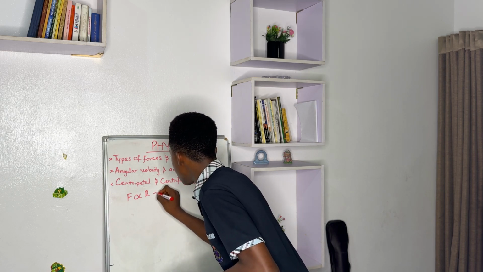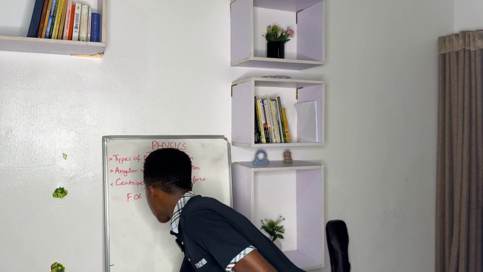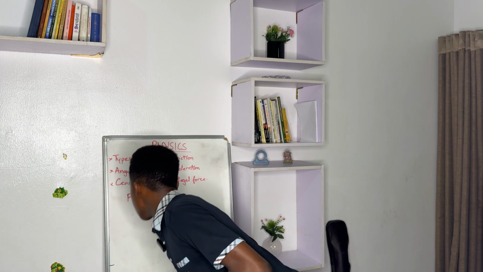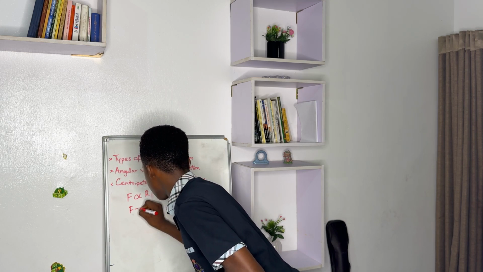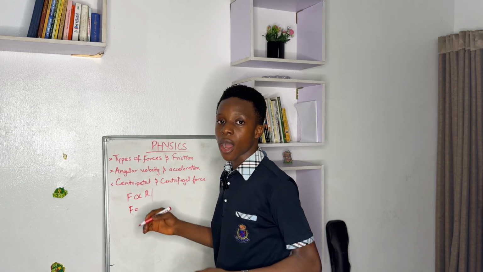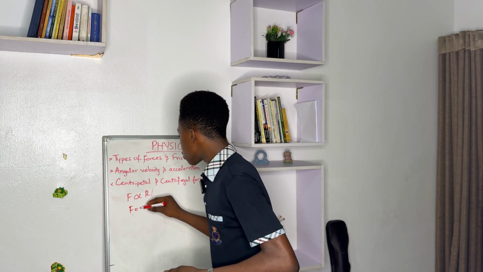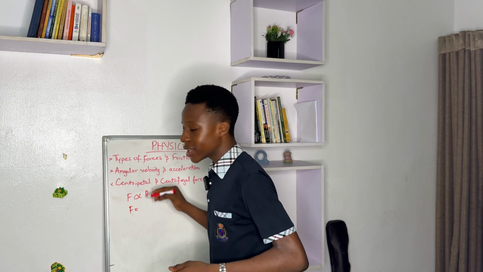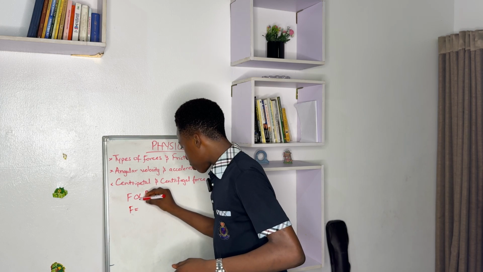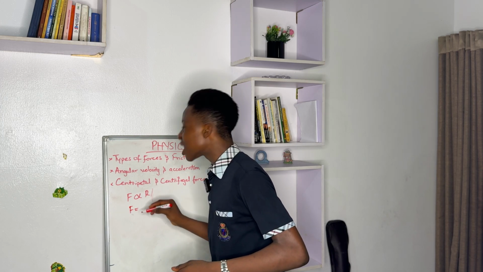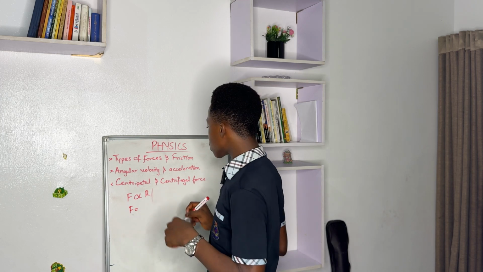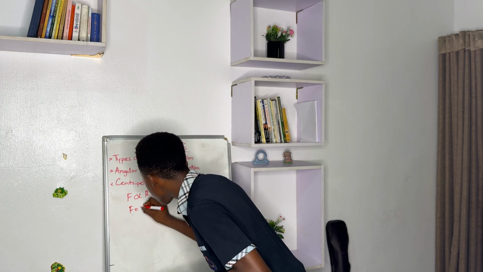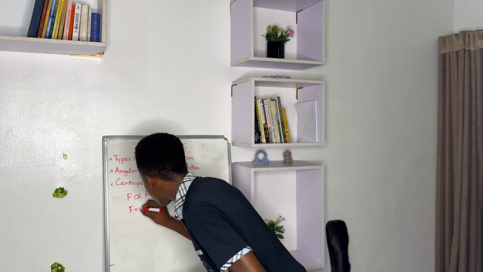All right. So it means that F, which is friction, is going to be equal to... We have to add a constant. If we're writing an equals sign in place of the proportionality sign, we must have a constant. And the constant we use in this case is the coefficient of friction, or mu.